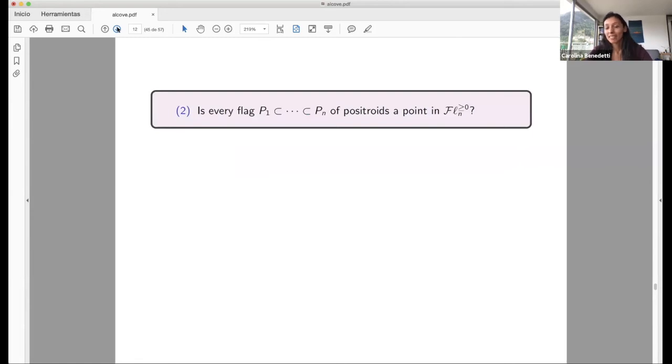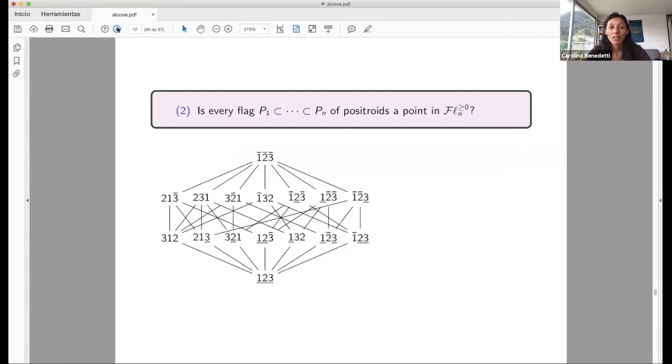So going back to question 2, we understand quotients of lattice path matrices, but still we want to know if any full flag of positroids corresponds to points in the non-negative flag variety. In the context of this poset, what that would mean is: is every saturated chain, every maximal chain in this poset, a point in the non-negative flag variety?